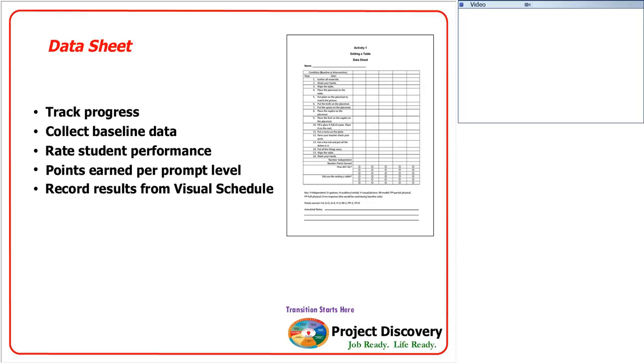You will actually have on your data sheet, it says check which component of the curriculum you used. So session 1, we asked that you use all of them: the student instruction PowerPoint, the video modeling, the teacher model, and the visual schedule. Then for sessions 2 and 3, we just want you to tell us which ones you chose to use. The sites I'm working with are choosing to use all of them every day.